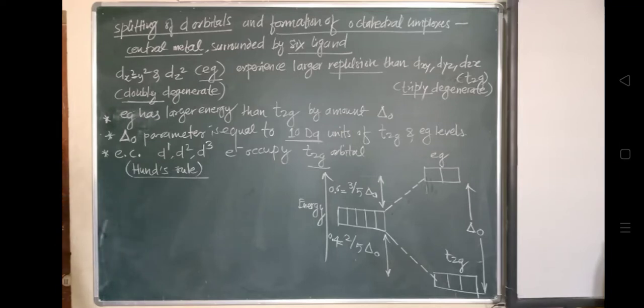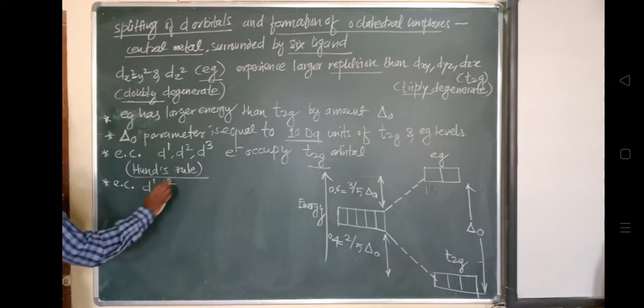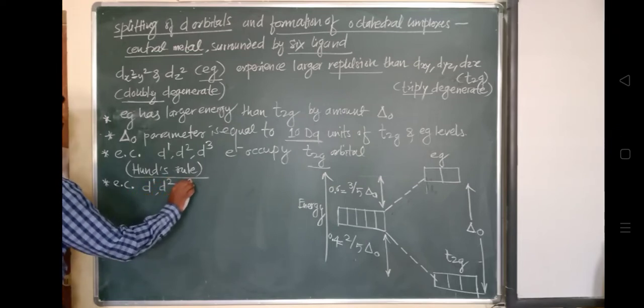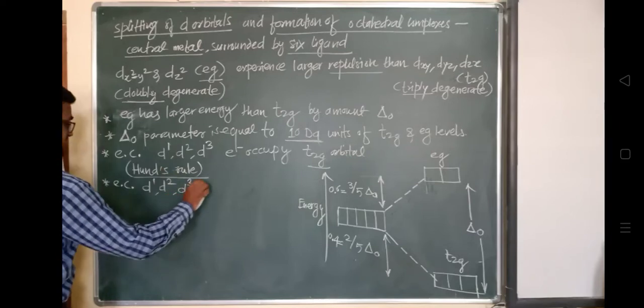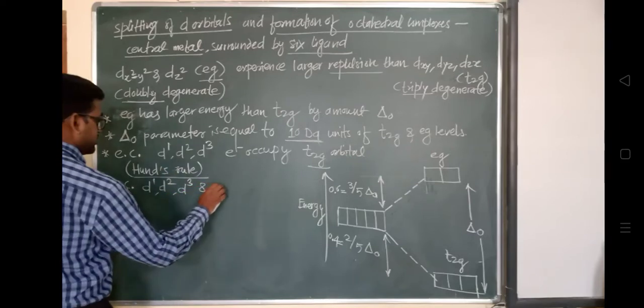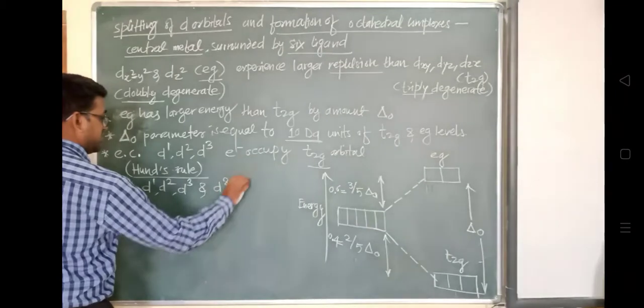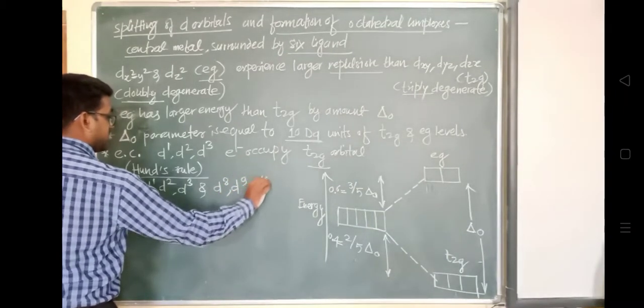For electronic configuration, the first set is d1, d2, d3, and the other set is d8, d9 and d10.